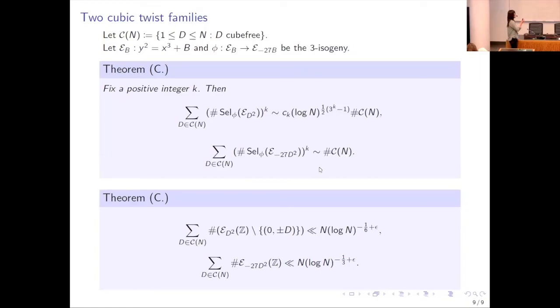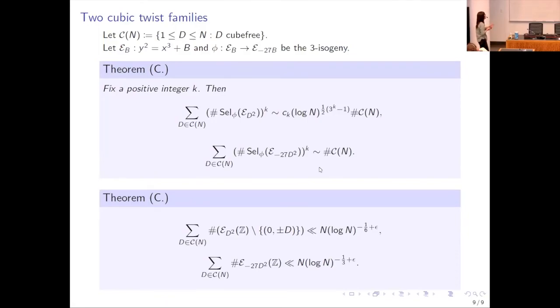Then you can do the same thing as here, but with cubic characters, with cubic residue symbols instead of quadratic residue symbols, and you'll be able to compute the moments of the phi Selmer group in this family.